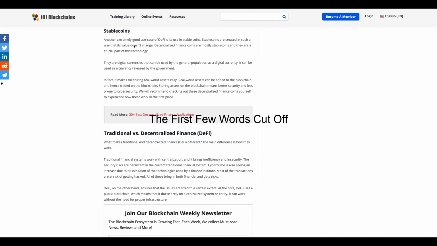Never changes in value. And as it says here, stablecoins are a very crucial part of DeFi. Stablecoins can be either used by the general population, or they can be released by the government.